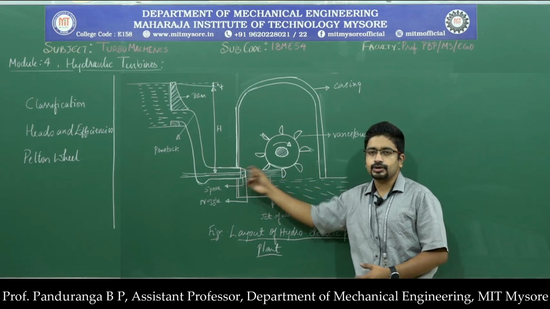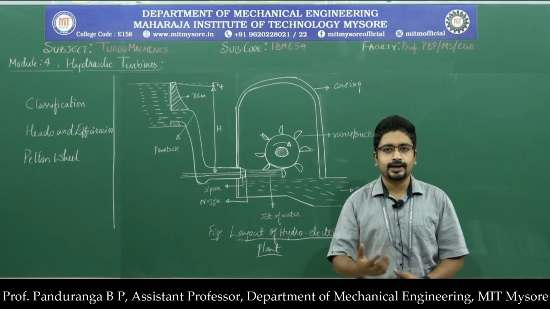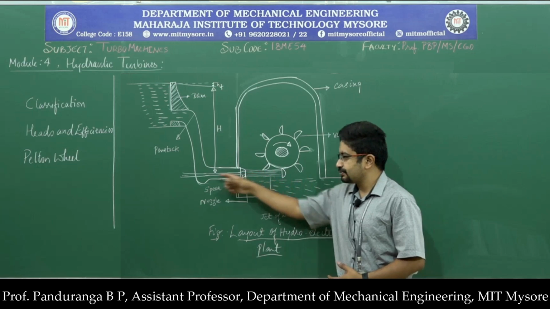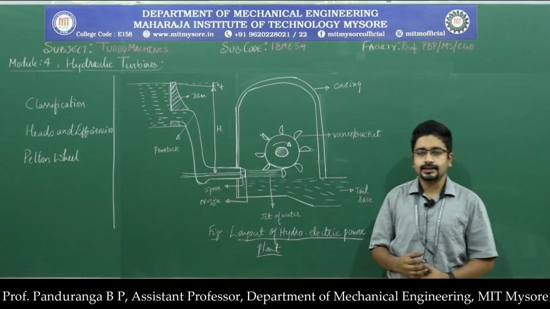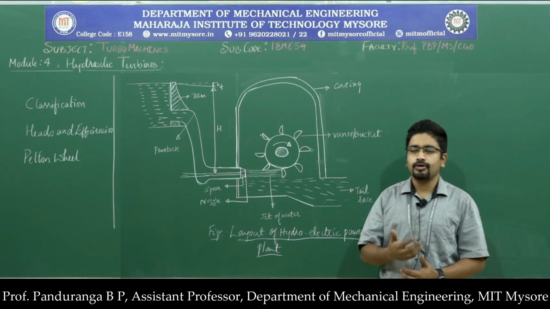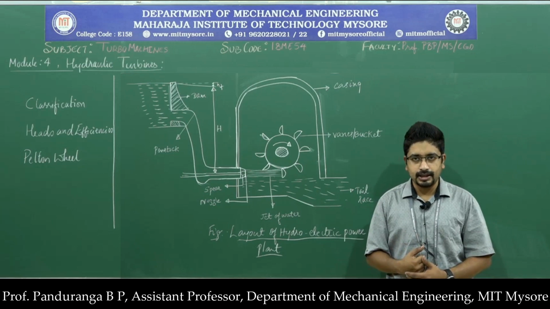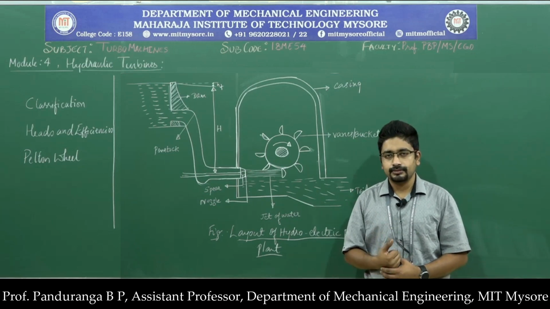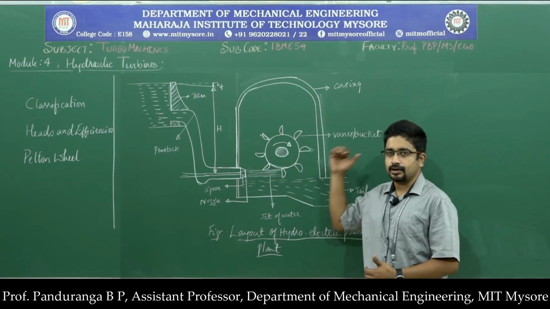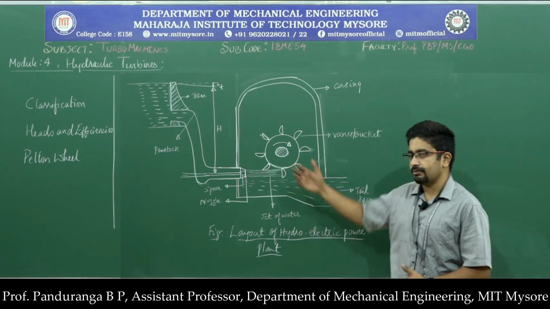So if we move the spear forward, then that reduces the flow area, which in turn reduces the amount of water entering the turbine. And if we move the spear backwards, then that increases the flow area, which in turn increases the amount of water entering the turbine. So depending on our power requirement and depending on the load, we can increase or reduce the amount of water. As the load on the generator increases, that increases the load on the turbine wheel.